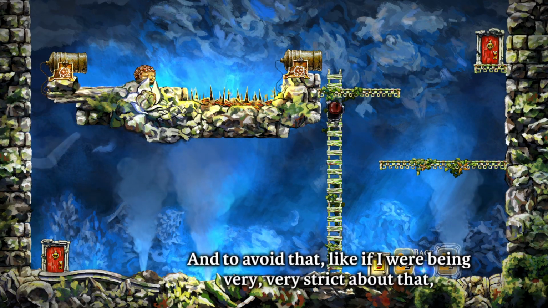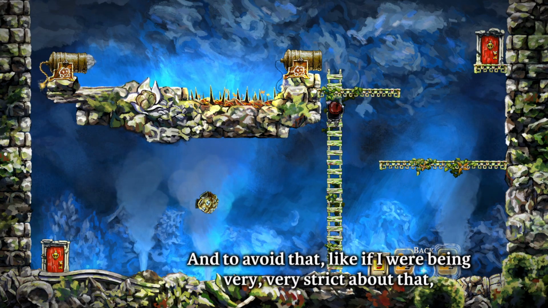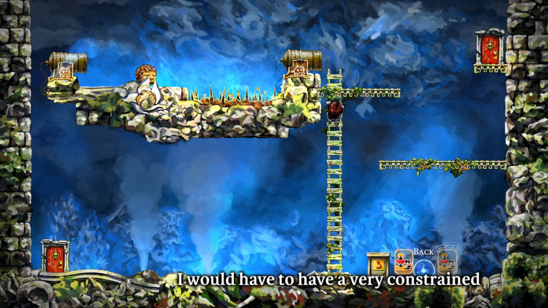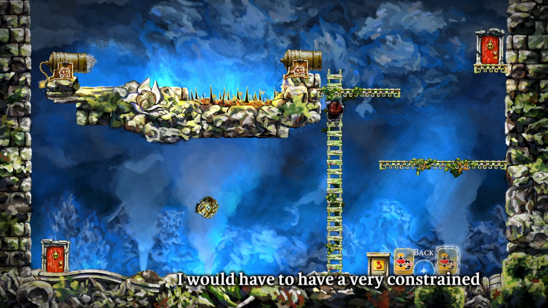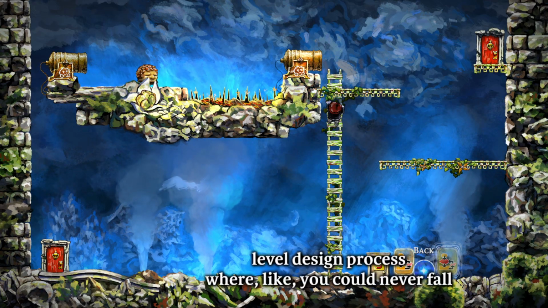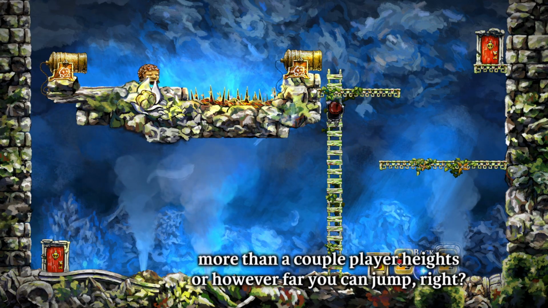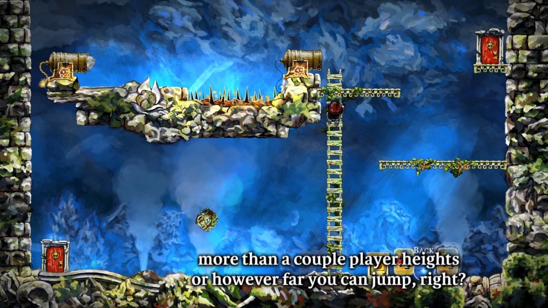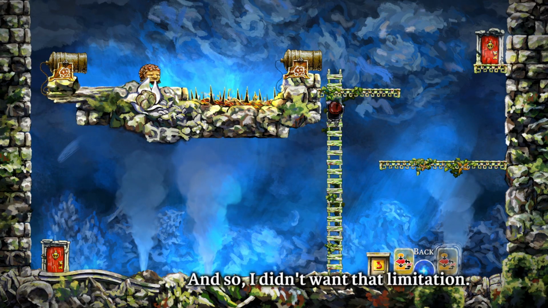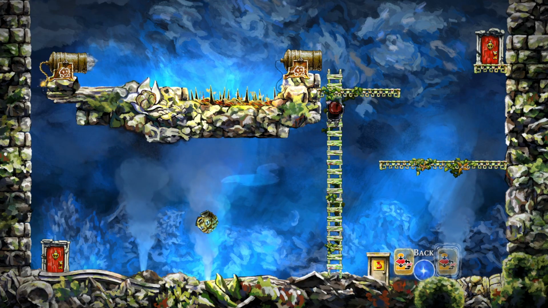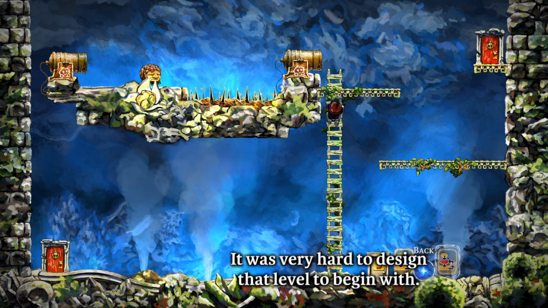To avoid that, if I were being very, very strict about it, I would have to have a very constrained level design process where you could never fall more than a couple of player heights, or however far you can jump, right? And I didn't want that limitation. It was very hard to design that level to begin with.